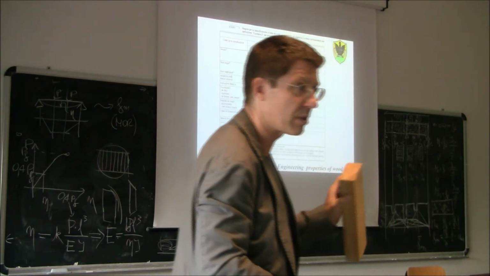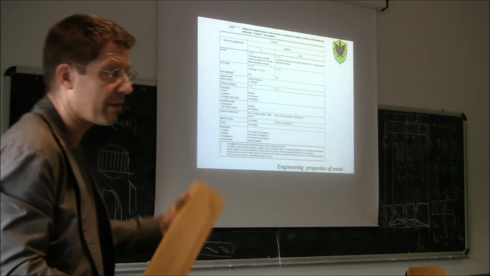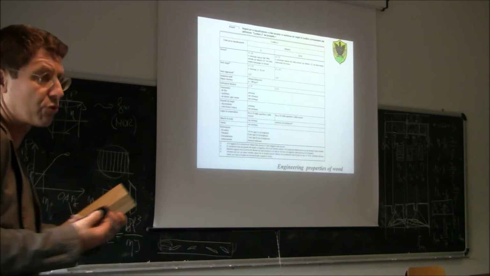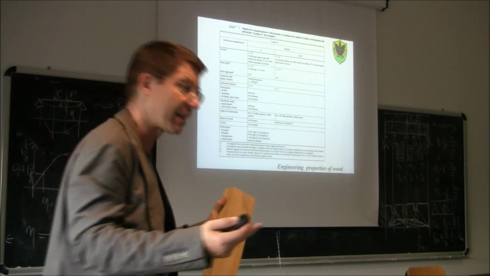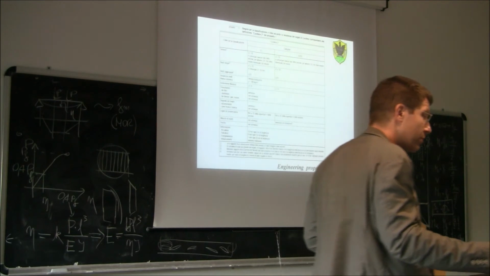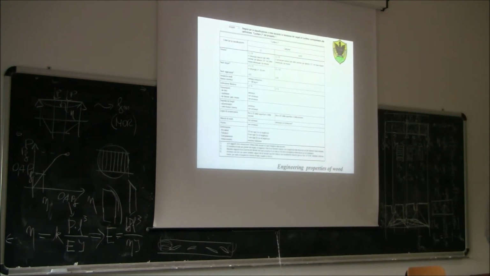Clear? So this is the way that we do the visual classification. Not we, usually it's a wood scientist. But again, when in doubt, as a check engineer, say you order some solid wood that in your opinion should be a higher strength class. You find lots of knots, you may think that maybe something's wrong.